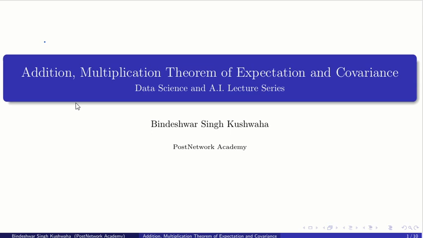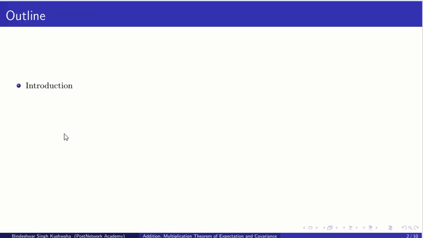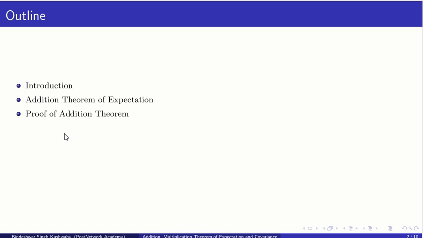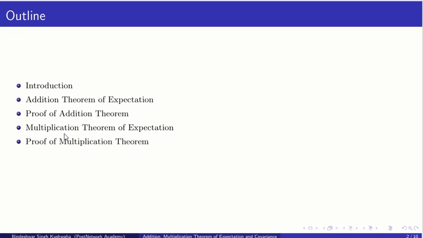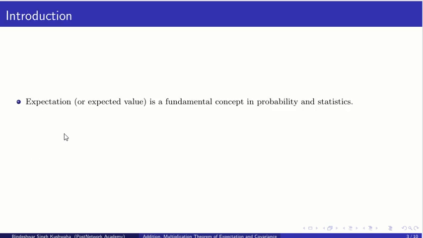So, without further delay, let's get started. So here is the outline of what we will learn: introduction, addition theorem of expectation, proof of addition theorem, multiplication theorem of expectation, proof of multiplication theorem, and covariance.